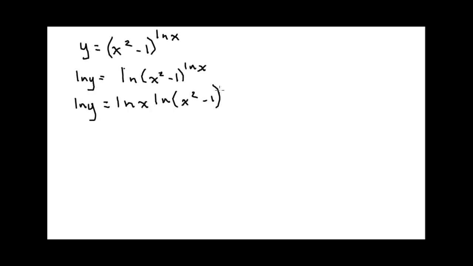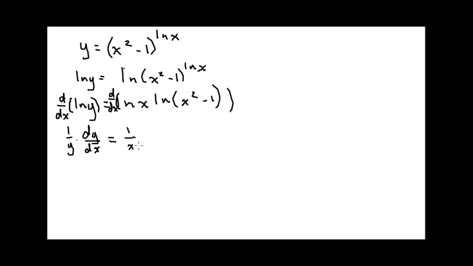So now we have a bunch of stuff that we can take the derivative of. So we'll differentiate both sides. Just to save a line, throw my d by dx's up here. So derivative of ln y is 1 over y, x and y, different variables, implicit, it's dy by dx. And we got a product rule again.